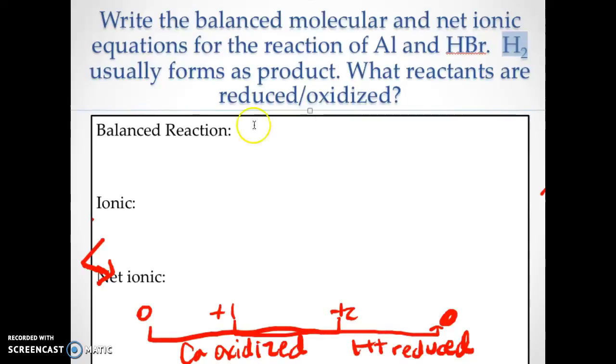Once you have your balanced equation, separate it so that it forms its ions, and that's going to be your ionic equation. Then get rid of the spectators, and that's going to be your net ionic, and then figure out what's oxidized and what's reduced. If you can do that, then you're pretty much set. Ready, set, go.